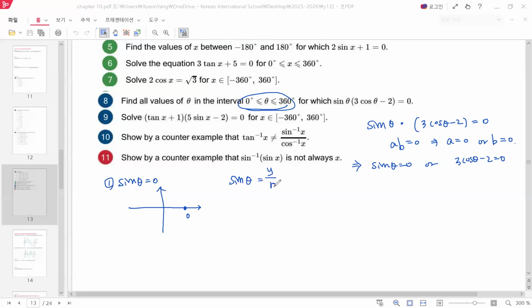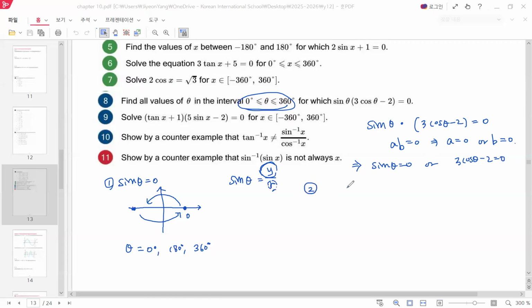Since r is always a positive value, sine theta equals 0 means that y is 0. Y is 0, it means that this angle is on the x-axis, so 0 degrees, and then 180 degrees, and then 360 degrees. Do you understand? So theta is 0, 180, 360, just to name those angles on the x-axis.